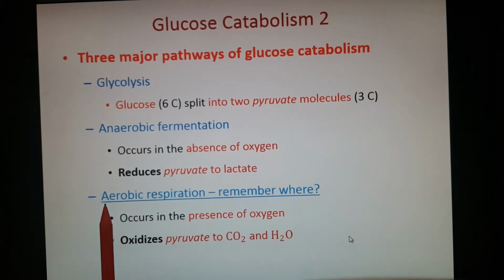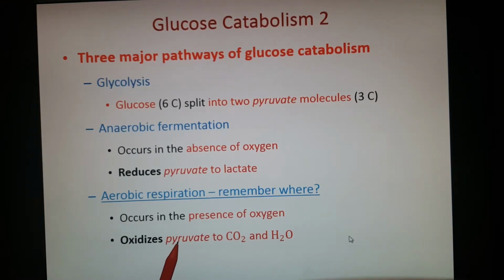Your last pathway, which is way more efficient, is aerobic respiration. This occurs in the mitochondria, in the presence of oxygen. When there are high enough oxygen levels, your body will continue with aerobic respiration, and the pyruvate is oxidized, so it has its electrons stripped off of it.